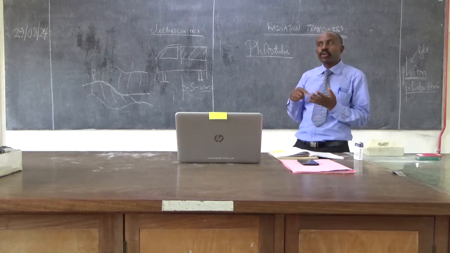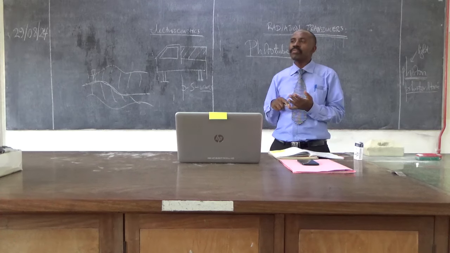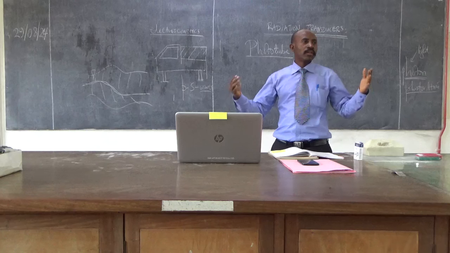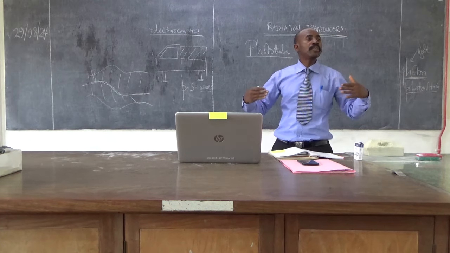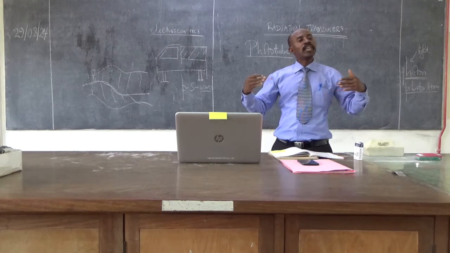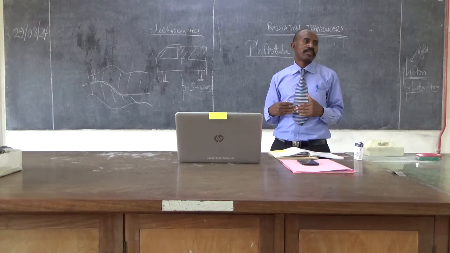So in construction, a person constructing should know that if it is a hotel, then the front and the back should be in the east-west direction, so that people can sunbathe in the morning and sunbathe in the evening.